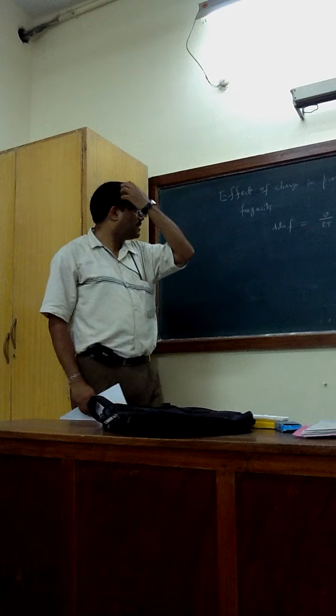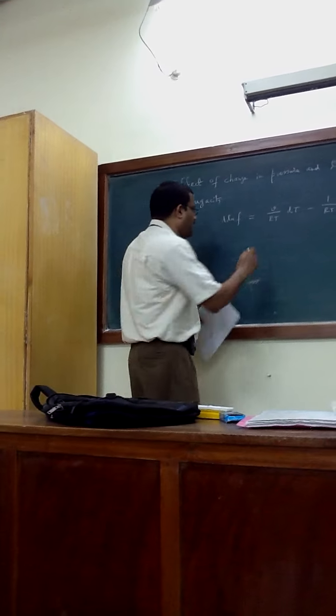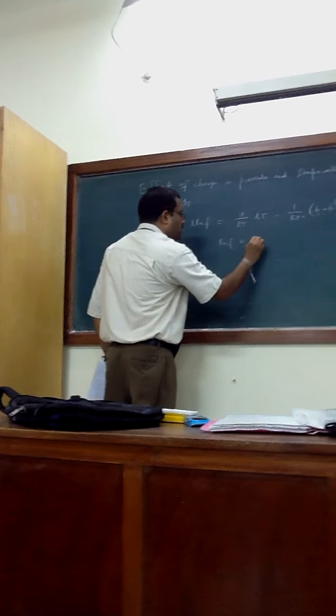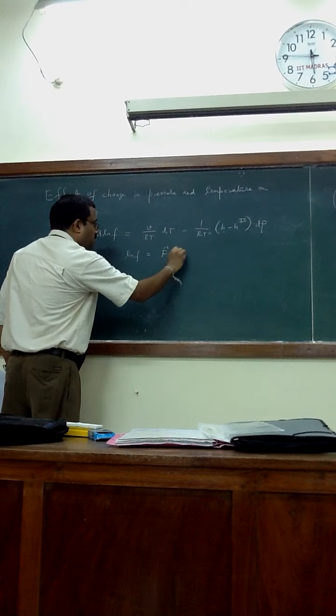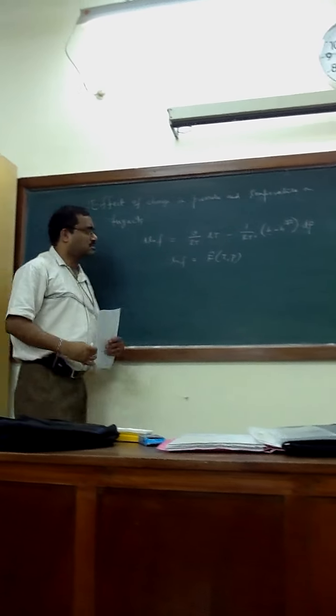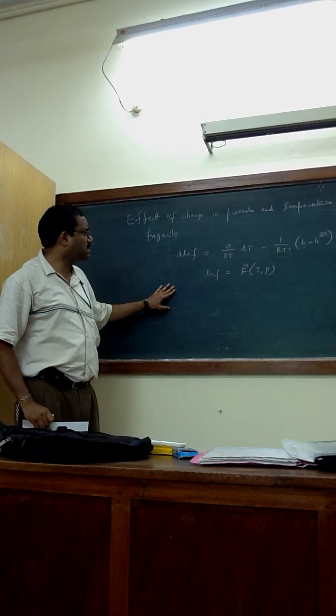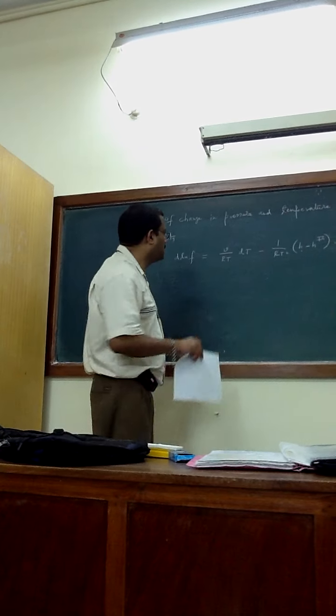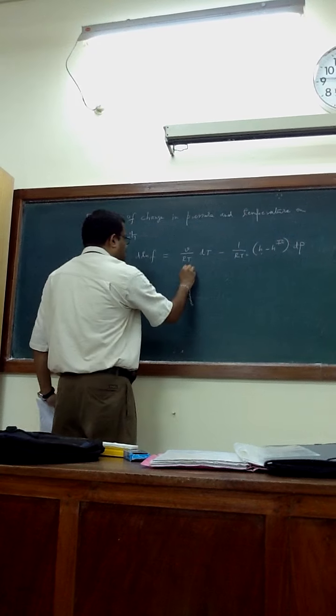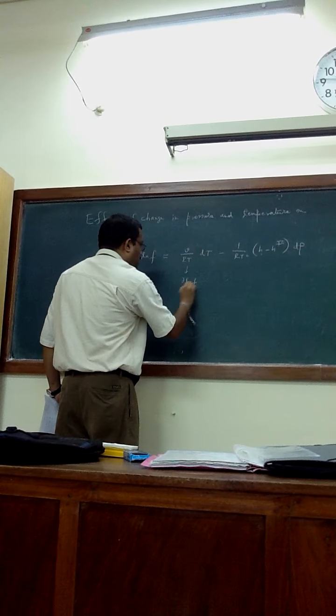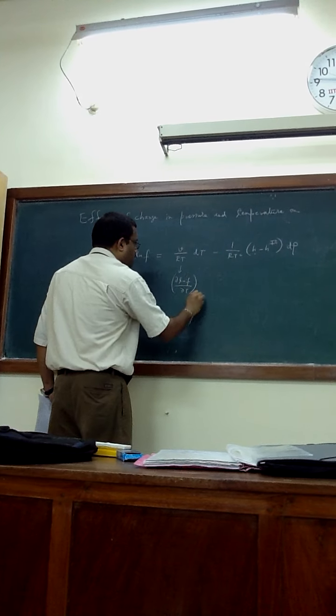Yes, because d ln f is a function of temperature and pressure. So d ln f, what is that? This is partial ln f, partial T at fixed P. Am I correct?